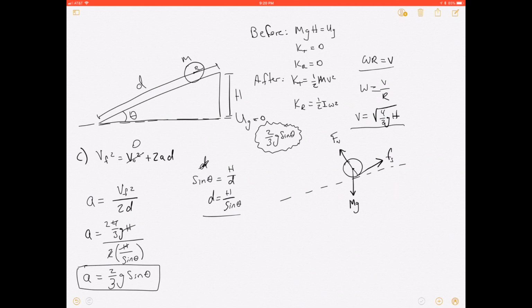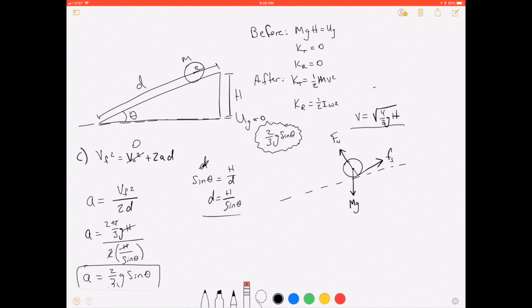Okay, and that's part C. So we know that a is equal to 2/3 g sine theta.